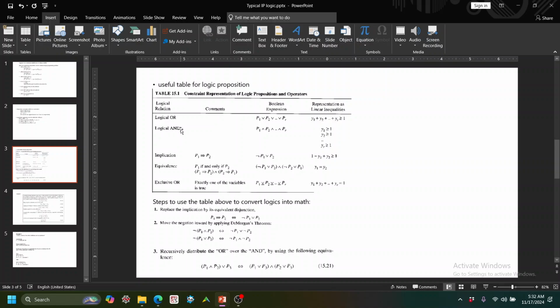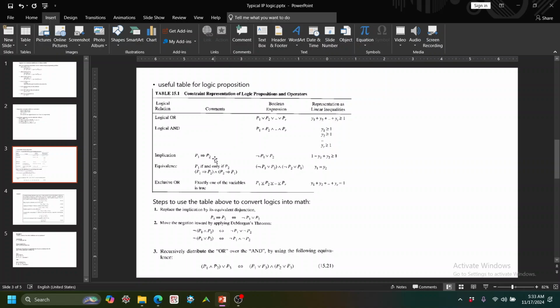And then the logical AND, P1 and P2 and P3, and so on. Here they put Y1 larger than or equal to 1, Y2 larger than or equal to 1, and so on. Then the implication, if P1 then P2.